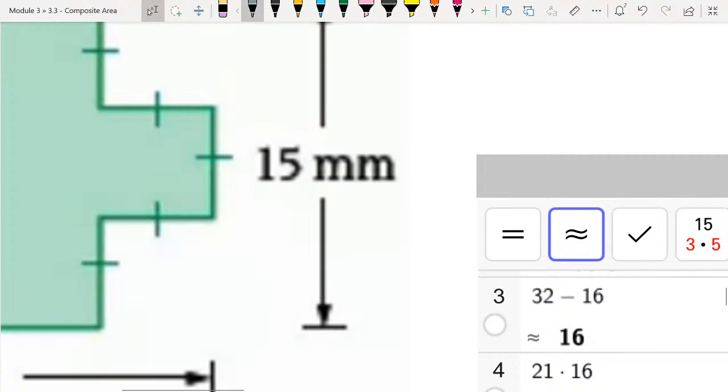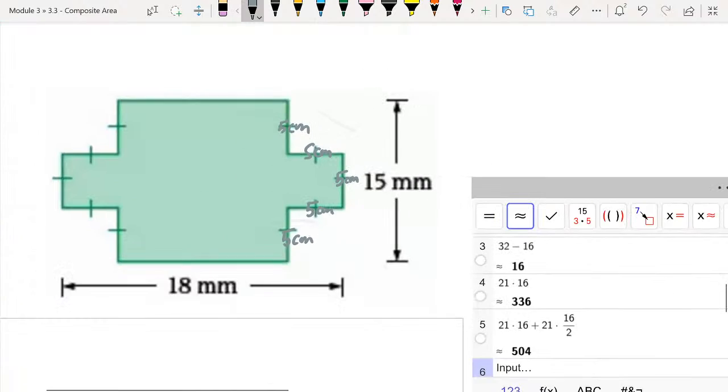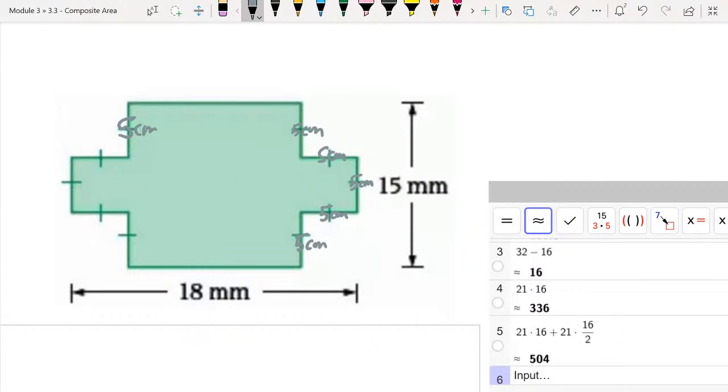That means that this is 5 centimeters, this is 5 centimeters, that's 5 centimeters, and so on and so forth. I wouldn't recommend going and writing that in all those places, but does that make sense?